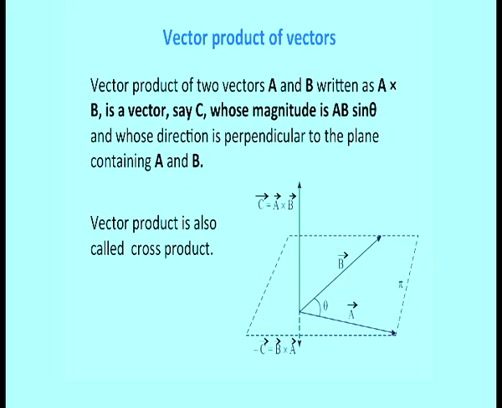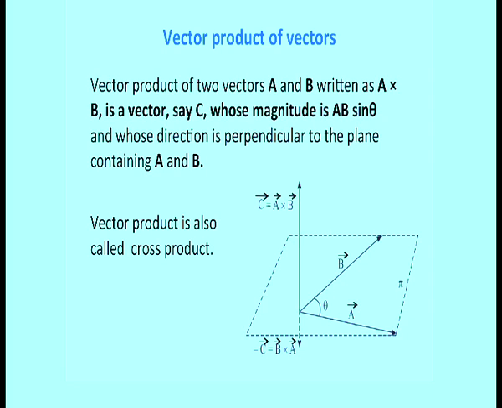Vector product of two vectors A and B written as A cross B is a vector, say C, whose magnitude is AB sin theta and its direction is perpendicular to the plane containing A and B. You can see from the figure the vector product of the two vectors A and B is equal to another vector C, which is perpendicular to the plane containing A and B. This is the plane which is in dotted line and the vector C is equal to A cross B and the vector C is perpendicular to the plane containing A and B. So, in case of vector product, the resultant quantity is a vector.